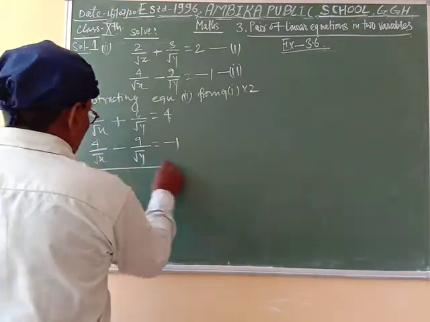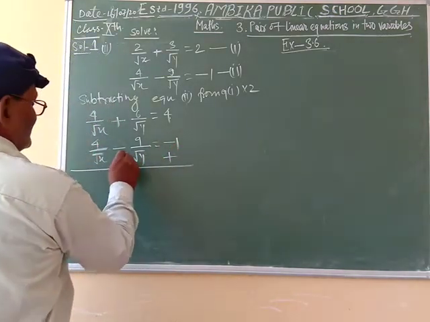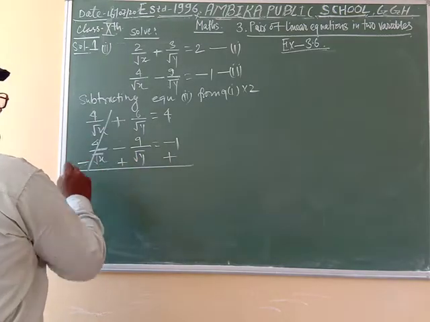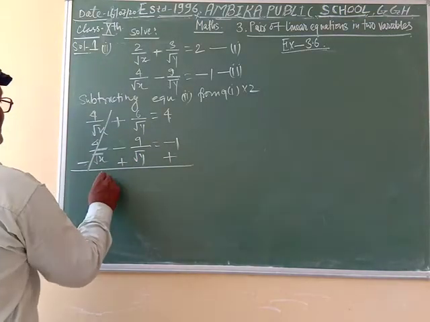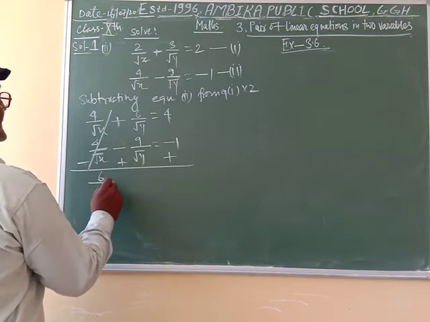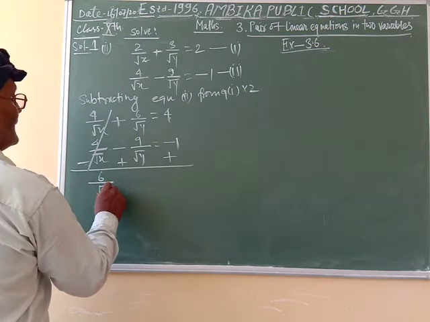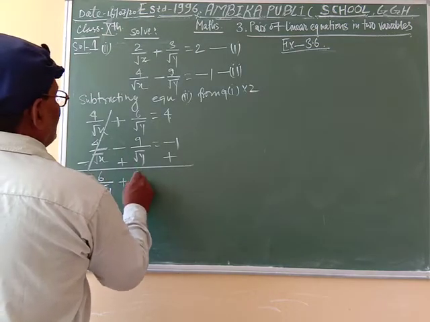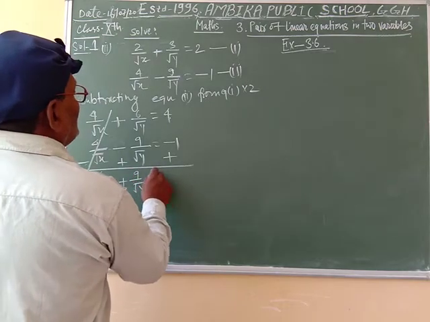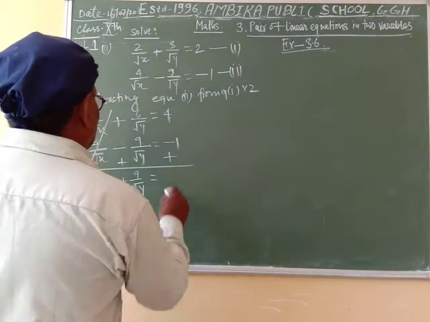On subtracting, sign is changed. 6 by root y plus 9 by root y is equal to 4 plus 1 is equal to 5.